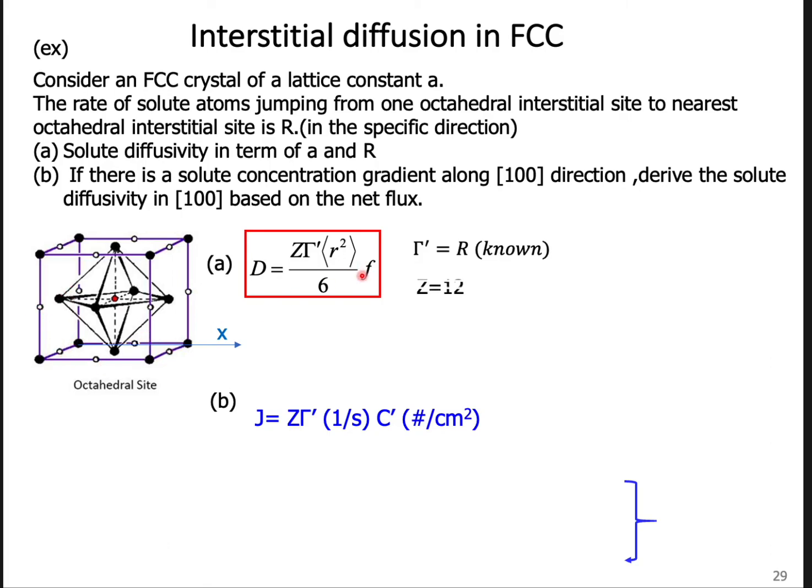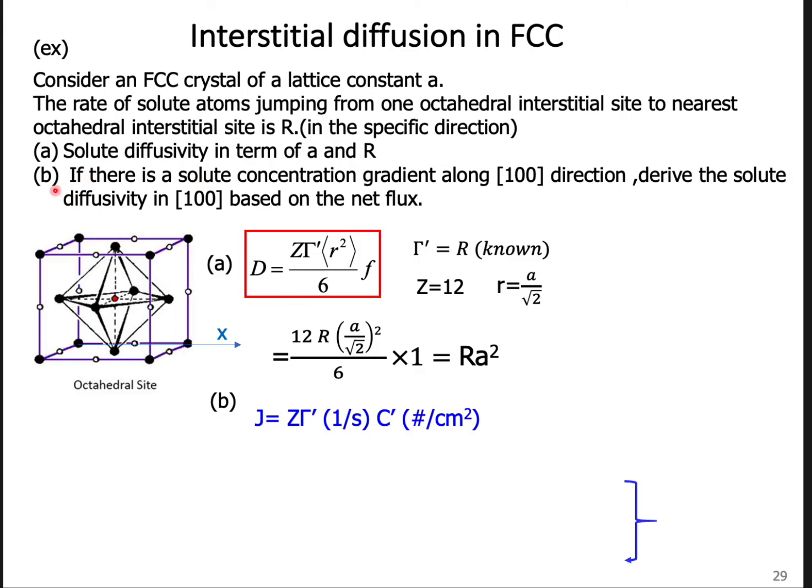Yes, it's 12. And the nearest distance, small r, is the square root of (a over 2) squared plus (a over 2) squared. So you just substitute all the parameters here, then you can get R A squared for the absolute diffusivity.